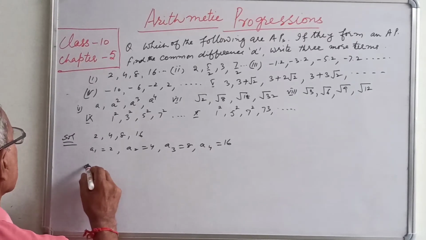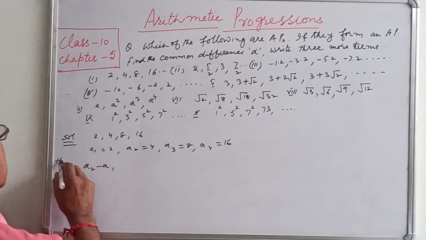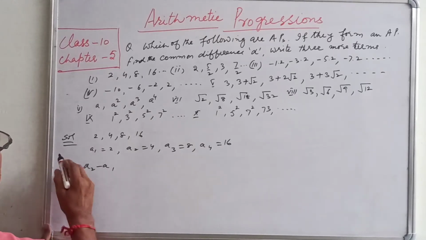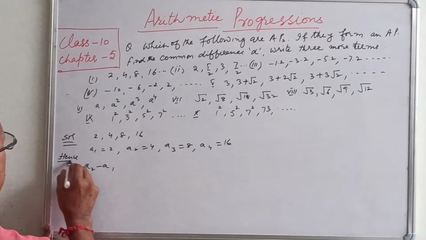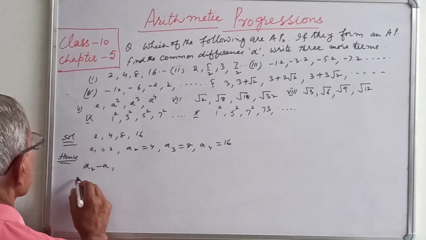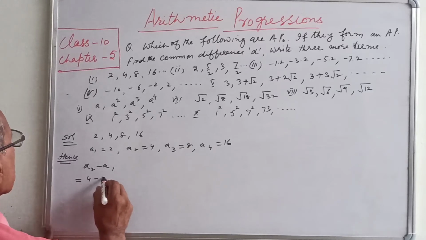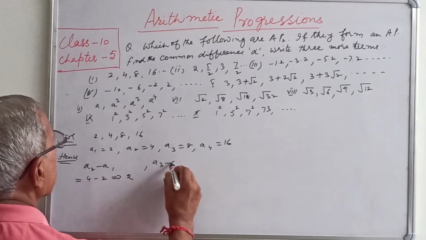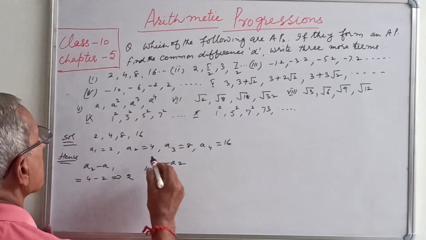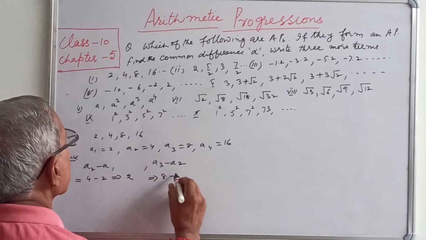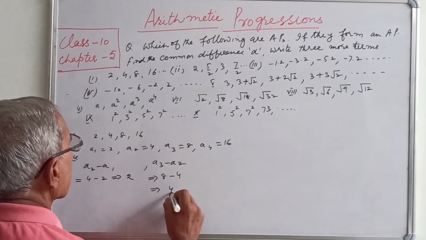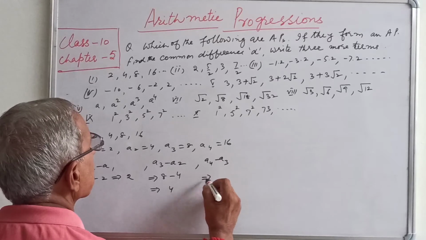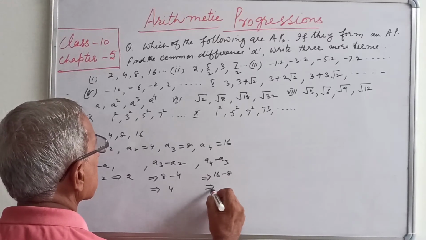A2 minus A1, the difference between 2 successive terms, 4 minus 2, that is 2. Now A3 minus A2 will be 8 minus 4, so that is 4. Now A4 minus A3, 16 minus 8, that is 8.